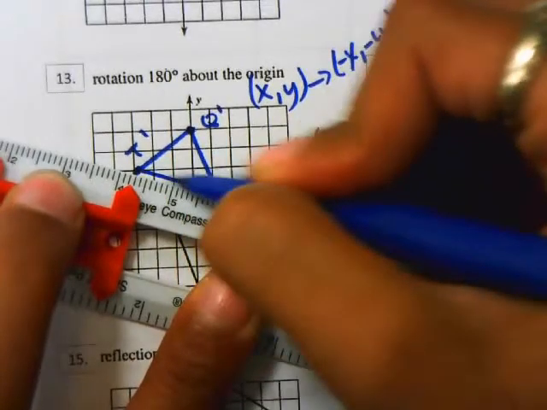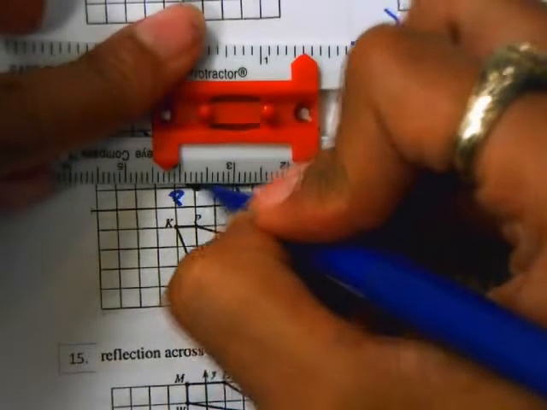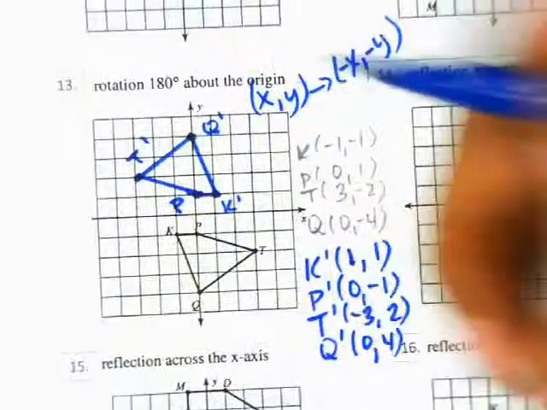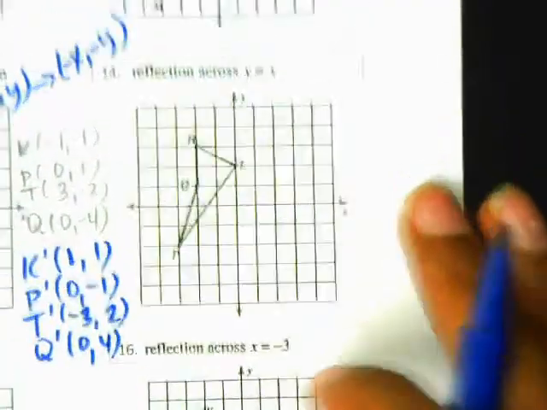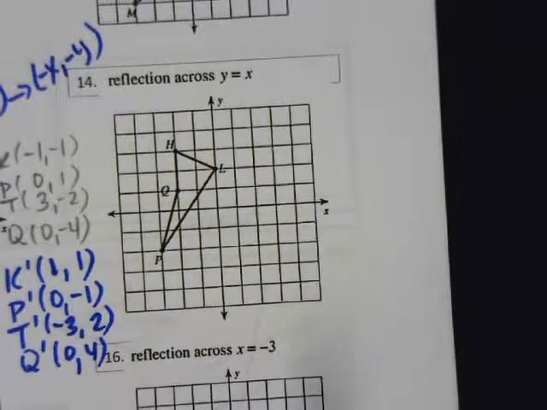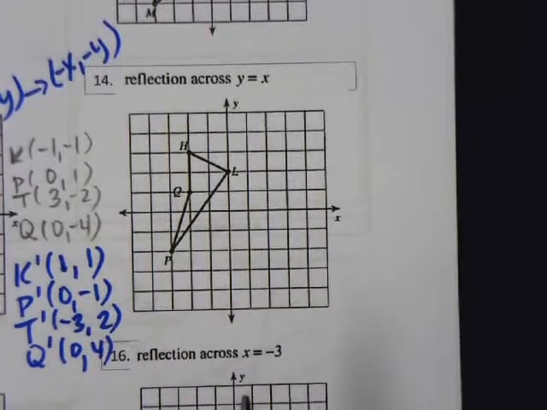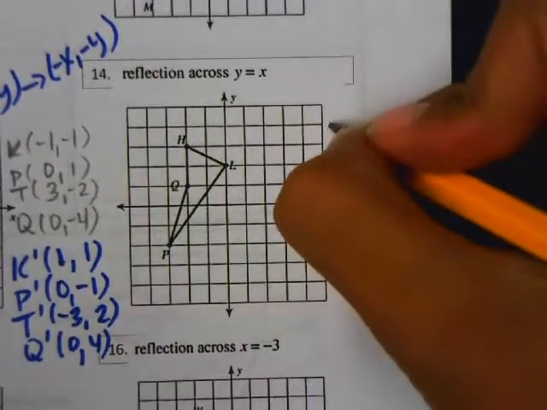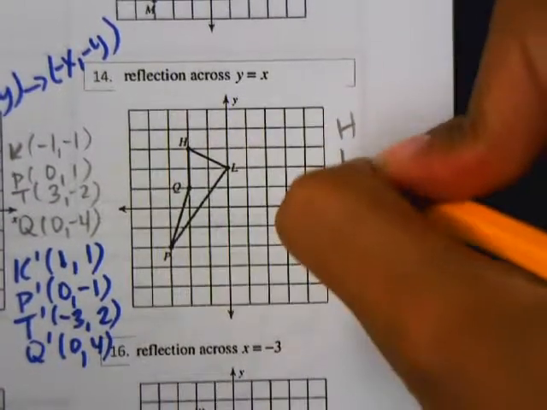Alright, next one, a reflection across the y equals x line. So when you reflect across the y equals x line, the rule is you simply switch the position of all the x's and y's. So if we're going to find the originals, so H, L, Q, and P. H is at 1, 2, -2, 1, 2, 3, 3.